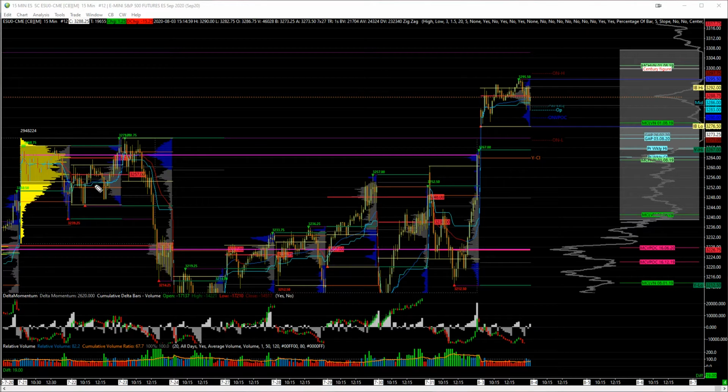Okay, today is Tuesday, the 4th of August, 1 hour before the open, and we're right in the gap between Friday and Monday. Delta overnight was positive, but price action was negative.